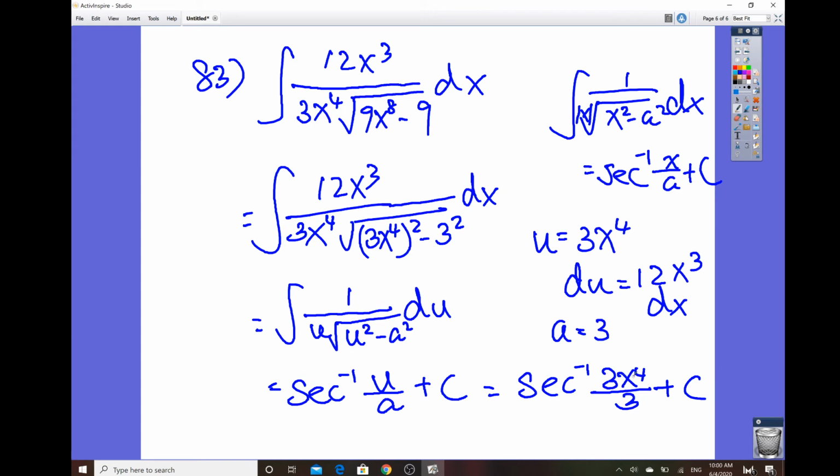But x to the power of 4 already guarantees positive, so there's no need to put in the absolute value, unless you're dealing with a cubic power, an odd number power, and then we put in the absolute value. So this one is fine, or you can put in the absolute value, it's up to you. So this one is inverse of secant of 3x to the power of 4 over 3 plus constant c.